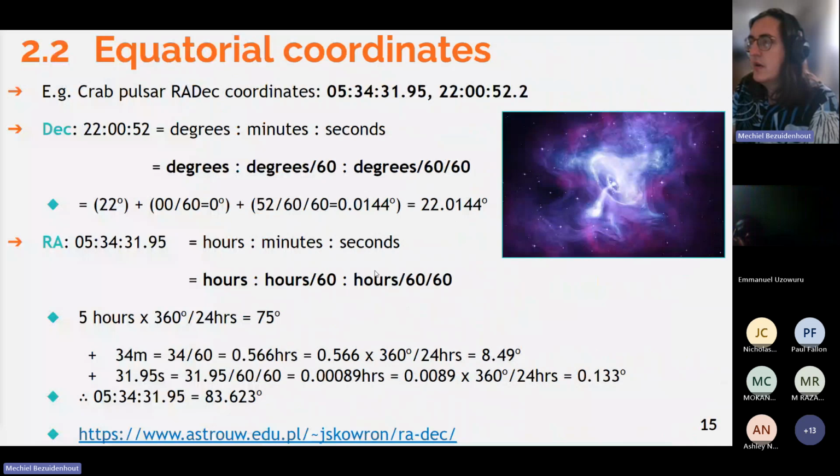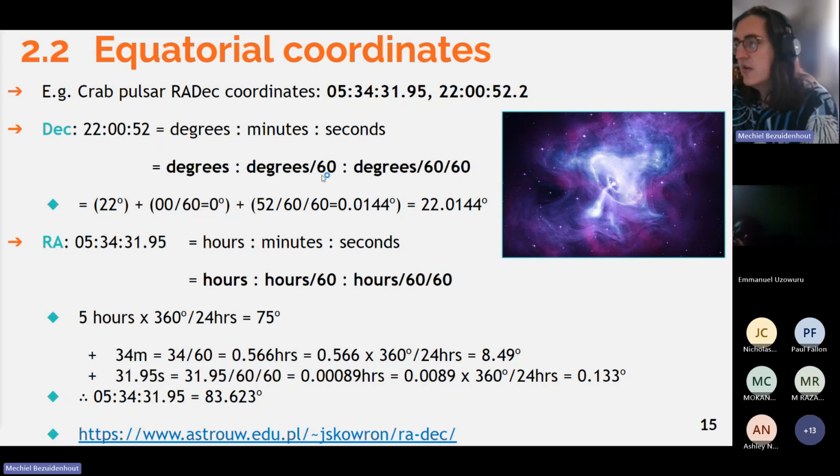To give you an example, the Crab pulsar, a very famous pulsar, has RA/Dec coordinates, right ascension and declination, of 05 34 31.95. That's the right ascension. We always report the right ascension first and then declination. Declination 22 00 52.2. Let's look at the declination first. It's 22 degrees, 0 minutes, 52 seconds.